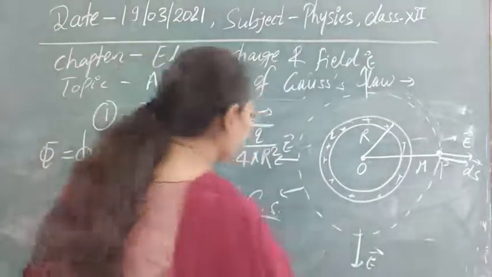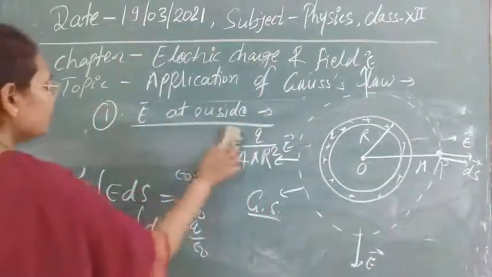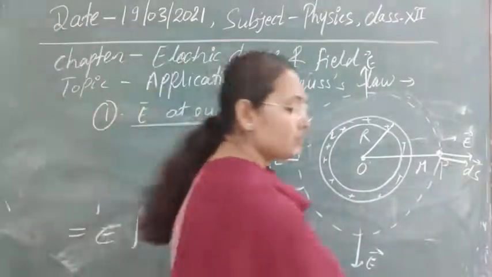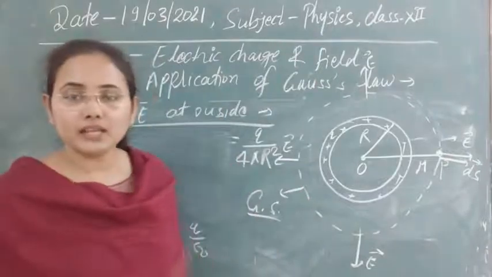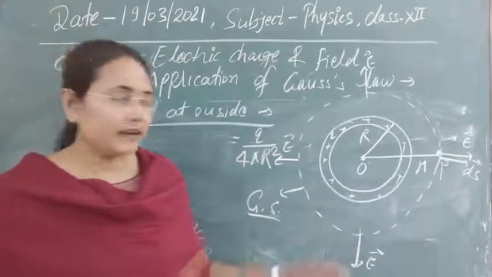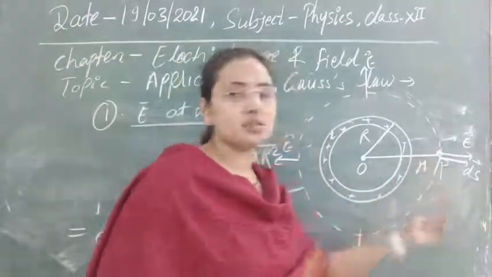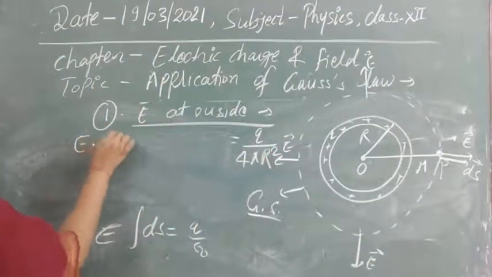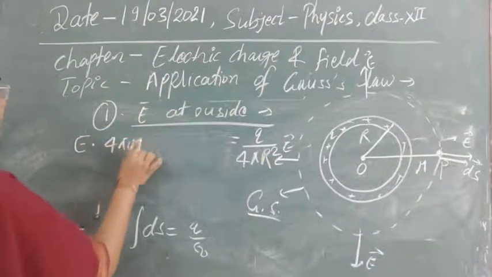Now if you solve the integral of ds, that represents the whole area enclosed by the Gaussian surface. The surface area of a sphere is 4 pi r square, and here the radius of this Gaussian surface is small r. So for this case ds will be equal to 4 pi r square.